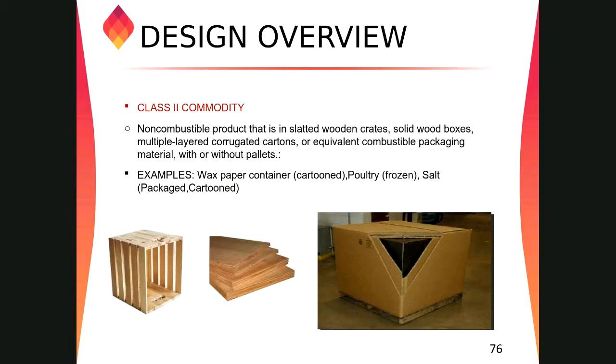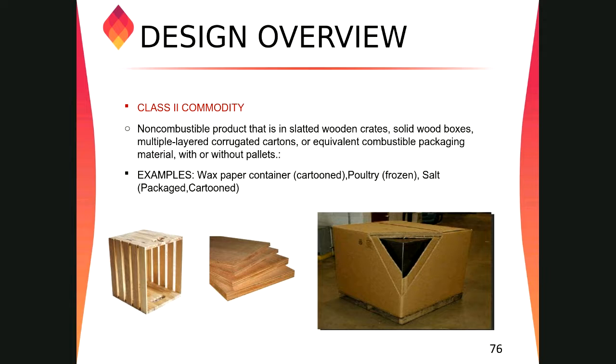Then we move on to class 2 commodities. This is again non-combustible product. So what is the meaning of non-combustible product? The product stored is non-combustible, but it has been stored in combustible packing, like wooden crates or a wooden box. Here we have multi-layer corrugated cartons.